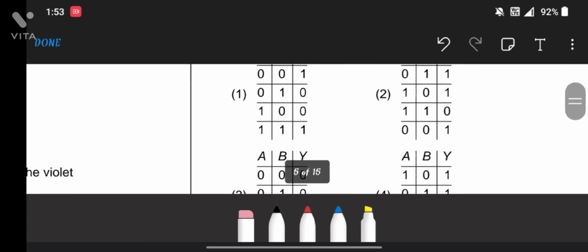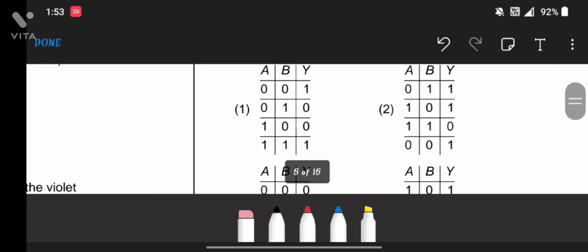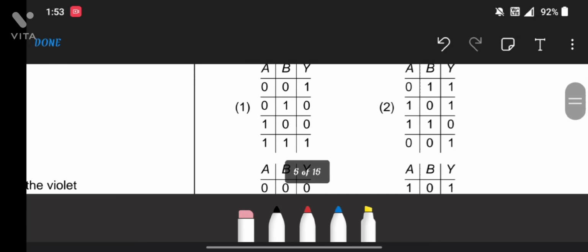So okay, now if we come to the options, as you know, the truth table is given here.